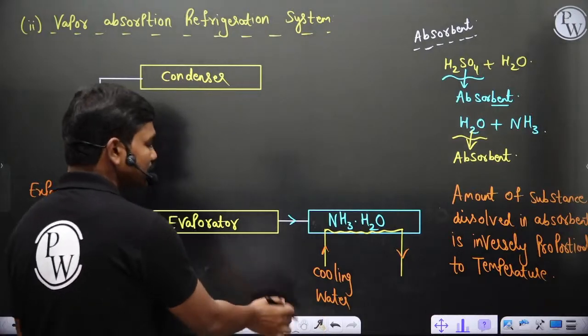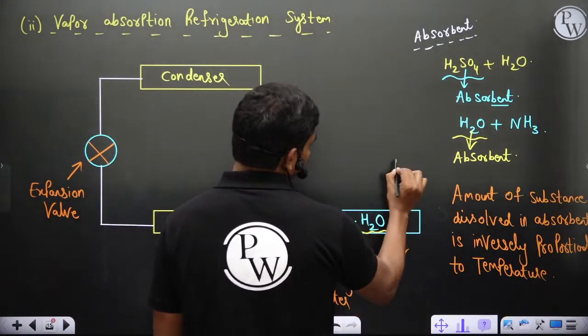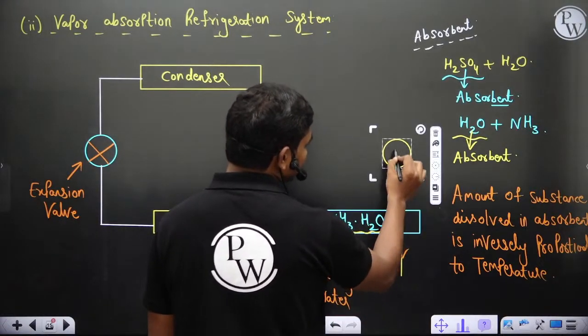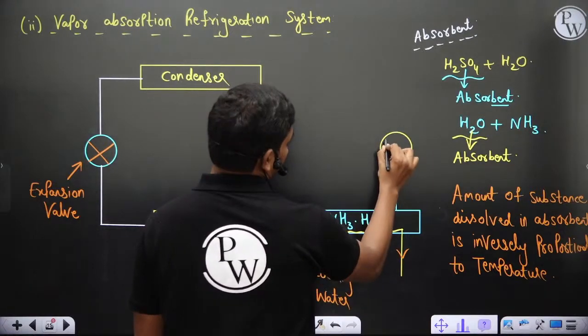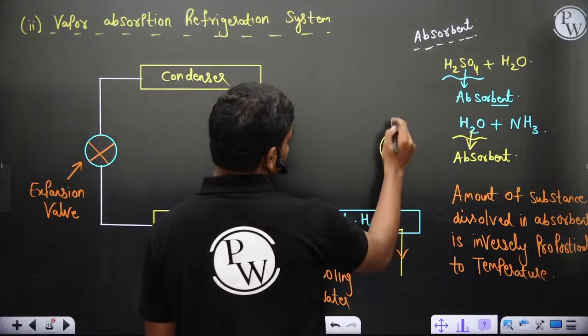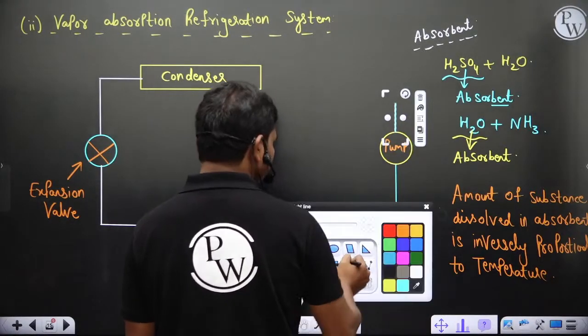Now when this liquid mixture gets to low temperature, we'll use a pump, because pump work is very small. We'll compress this to some higher pressure, which is pH.